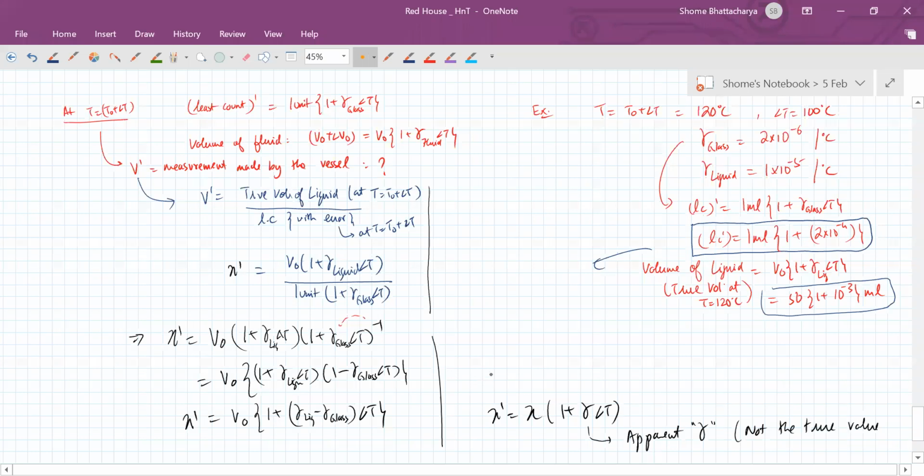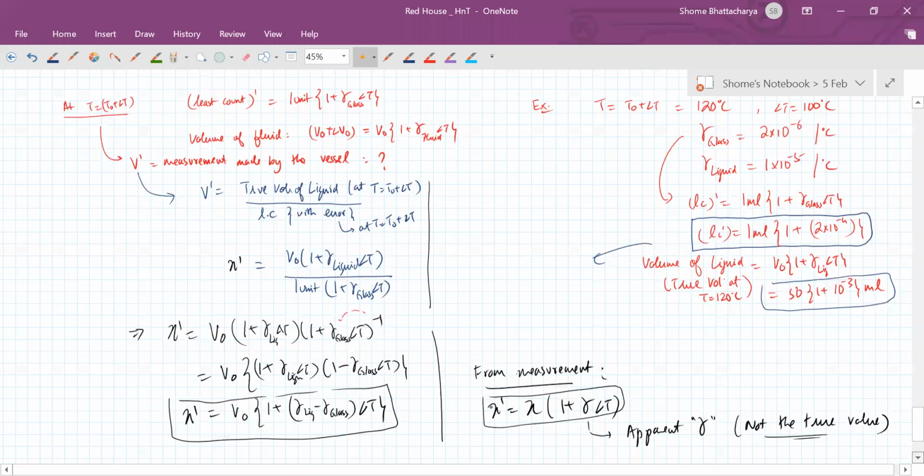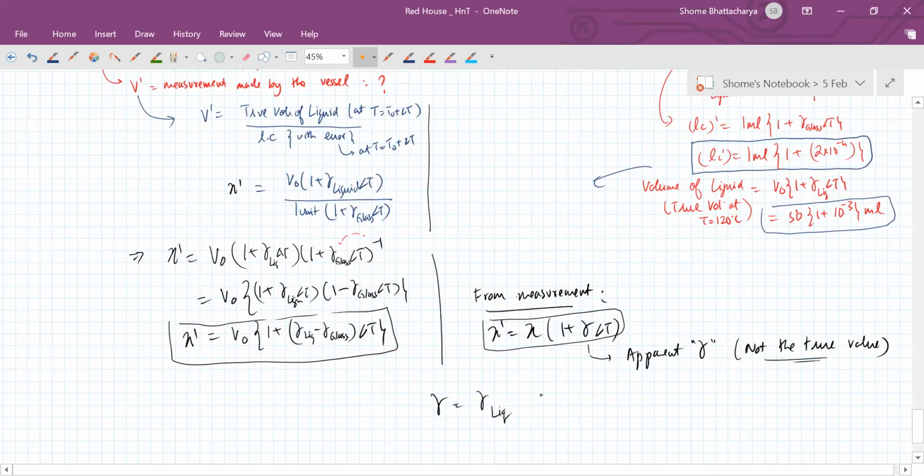So from measurement, using that container, you're not getting the true value, because if you now compare this equation with this equation, you can see that gamma is equal to the actual gamma of the liquid minus the gamma of the glass. Okay, this is the apparent gamma.